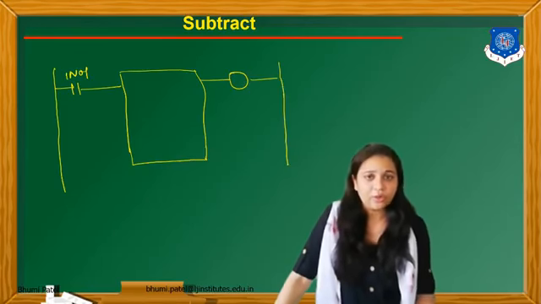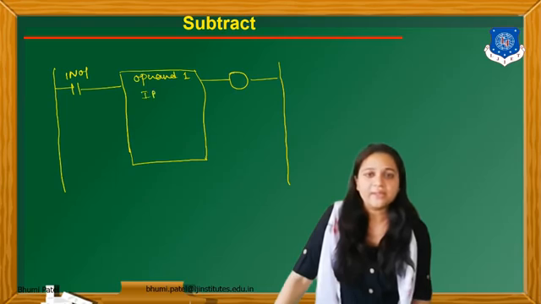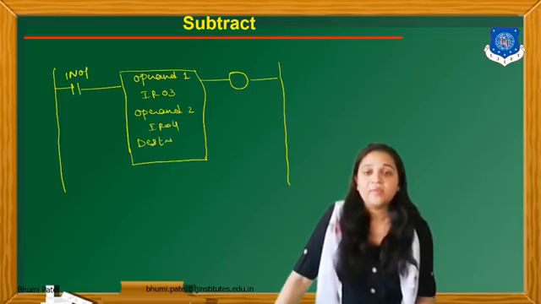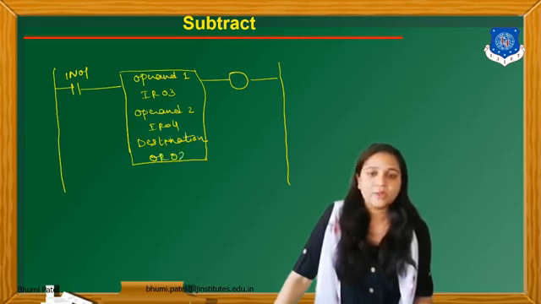We can take operand 1, suppose IR03, and again the second operand, operand 2, IR04, and whatever the answer of the subtraction is, we can save in the destination, and our destination address is OR02.